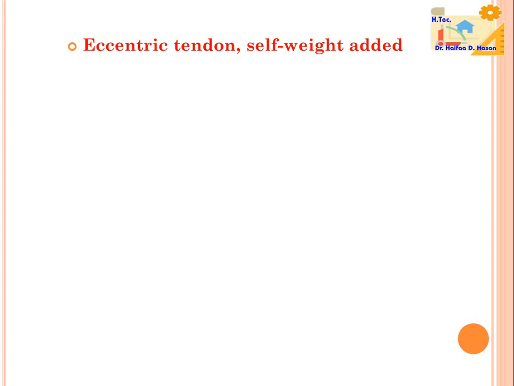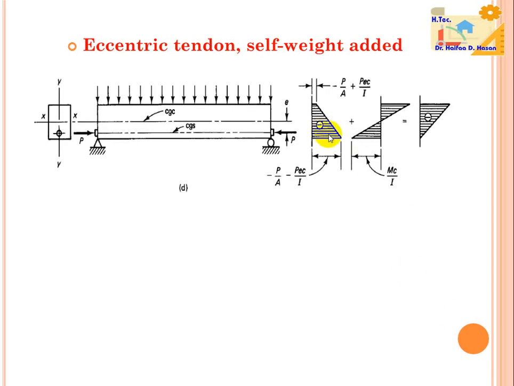Eccentric tendon, here adding self-weight to the member. This shape results from the previous state due to the prestressing force and transferring the prestressing to the center line, and here adding the self-weight.